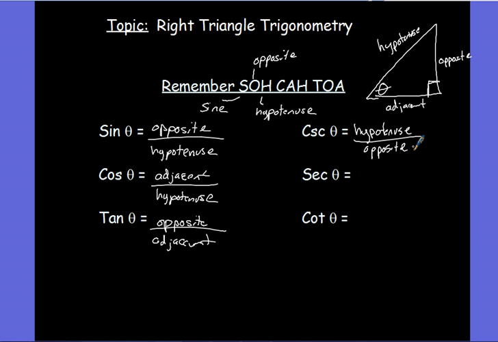Secant is the reciprocal of cosine. So therefore secant is what? Hypotenuse over adjacent. And finally, cotangent was the reciprocal of tangent, is the adjacent over opposite.